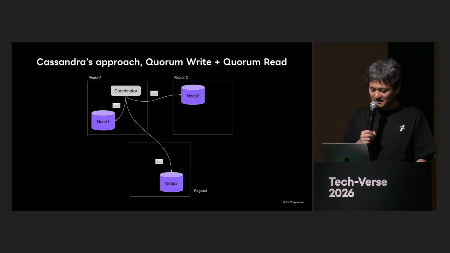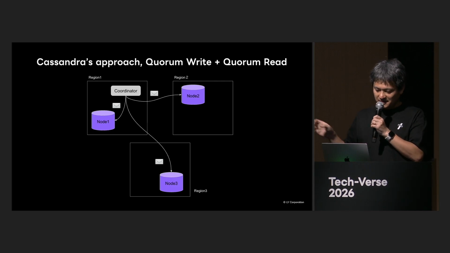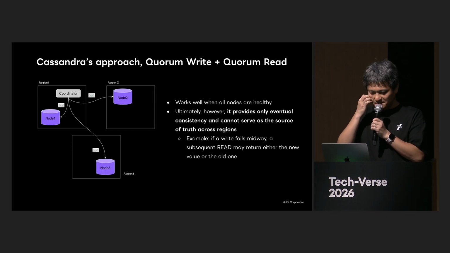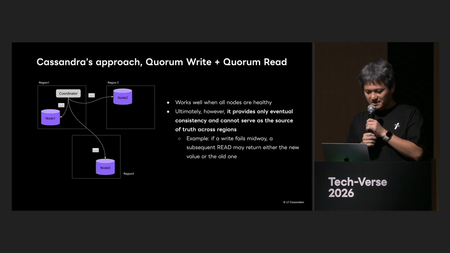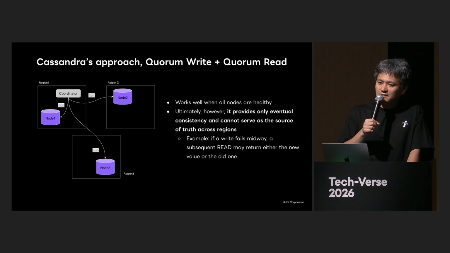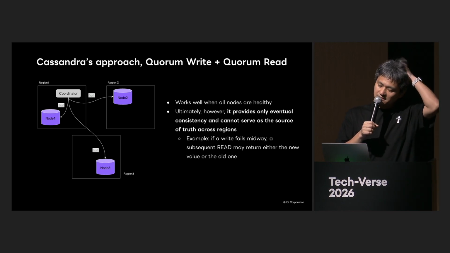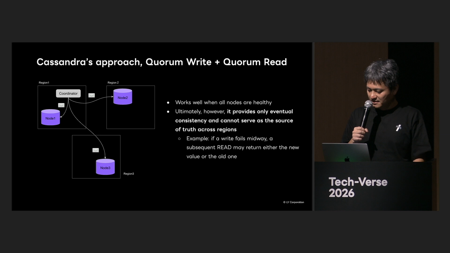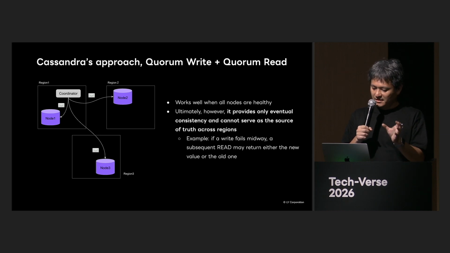Now, let's hear about this. I think there might be people wondering, why not just use Cassandra? I won't go into too much detail, but I'll briefly supplement this point. If Cassandra performs quorum reads and writes, when the cluster is functioning normally, consistent reading and writing are possible.